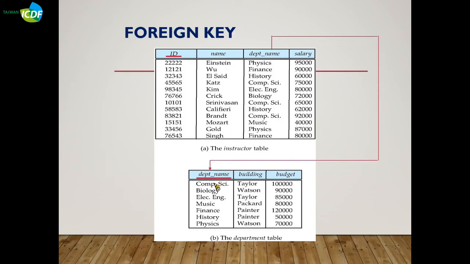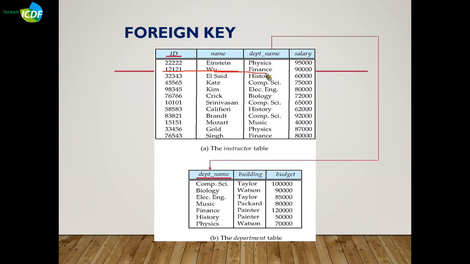And now we'll use the tuples to explain how a foreign key works. For example, the instructor with ID 12121. His name is Wu.